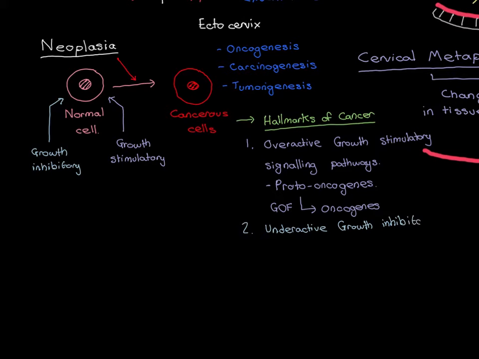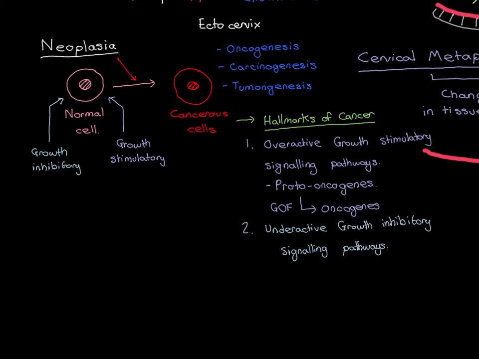So the signaling pathways that normally are active and inhibit a cell from dividing, these are going to be underactive, and of course when you've got overactive growth stimulatory pathways and underactive growth inhibitory signaling pathways, then that's going to mean that the cell is going to overall divide far too rapidly.